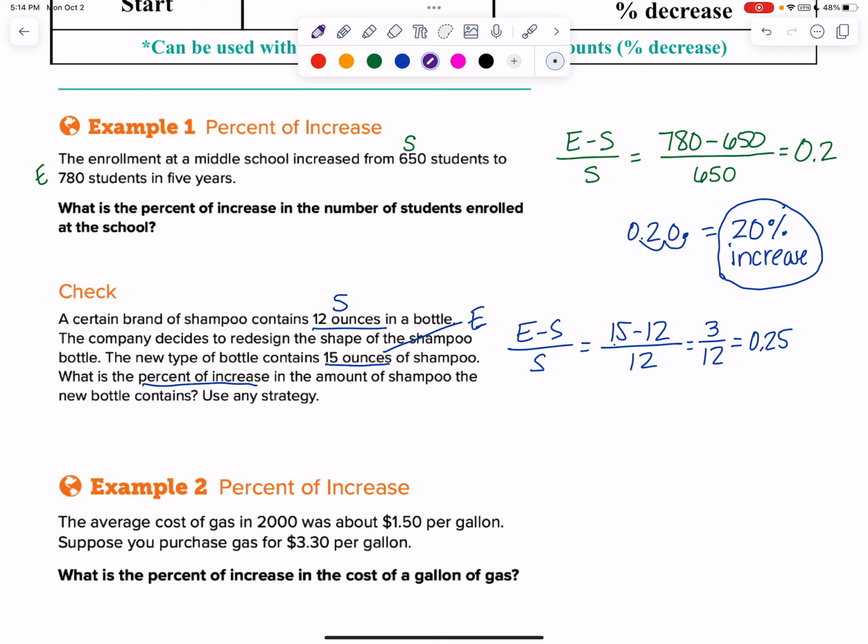We multiply by 100, which is two swoops to the right. And I end up with 25%. And then we look from start to end. Did the number go up or go down? It went up, so that's an increase. If you know that right away, that's something that you could make a little note with an arrow up or down ahead of time as well.